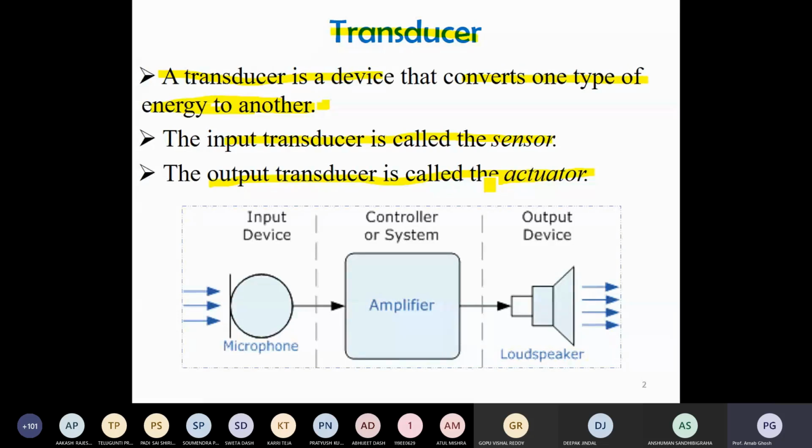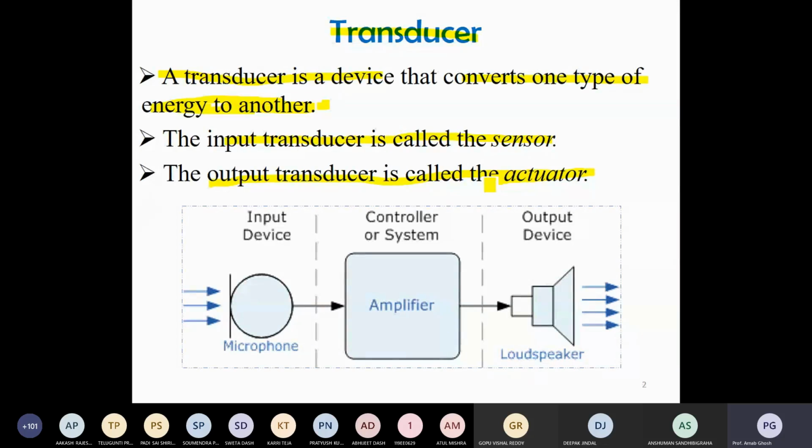But basically in our human body the conversion is an electrochemical process, and that's why you can say it is a sensor. Some portion is responsible for chemical changes, and those chemical changes are responsible for electrical changes to transmit that signal from our hand to the brain. That's why it is called a sensor, and your output transducer is an actuator.